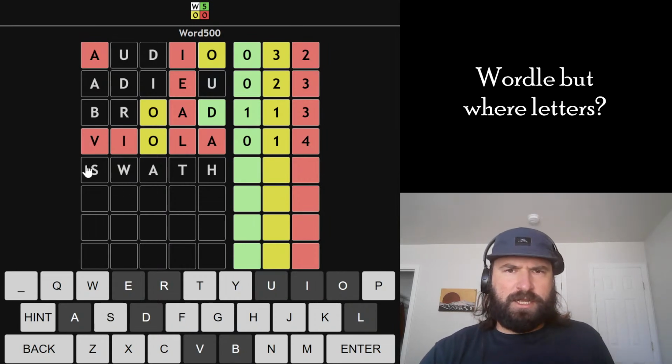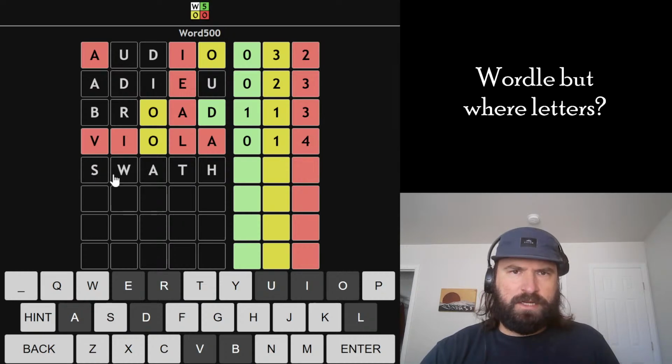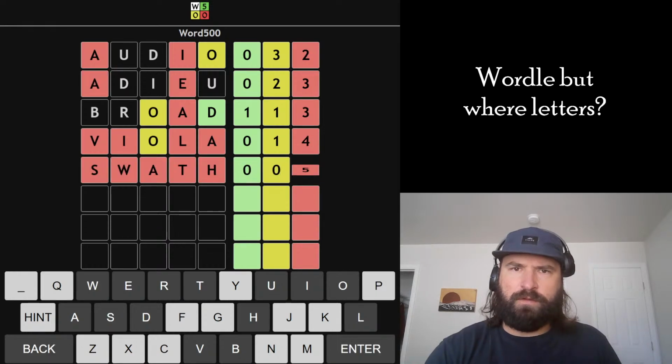So this is going to check: if I get a green out of swath, it's sound. If I get a yellow, it's either hound or wound. If I get nothing, it's mound or pound. This is how fillers work in this game.